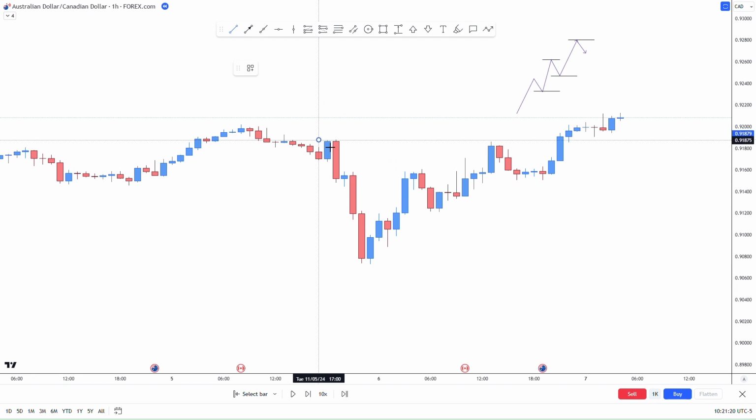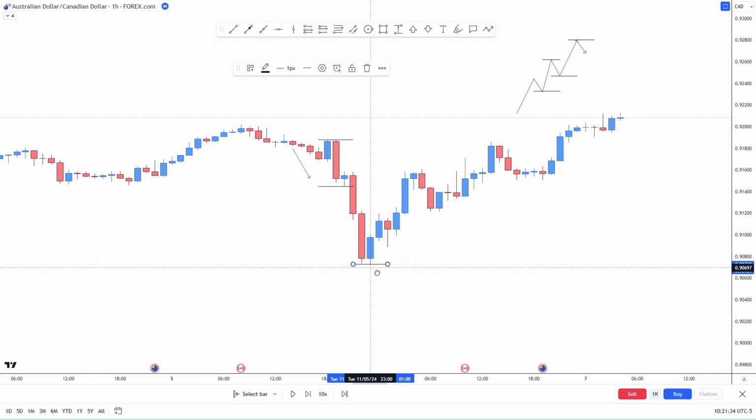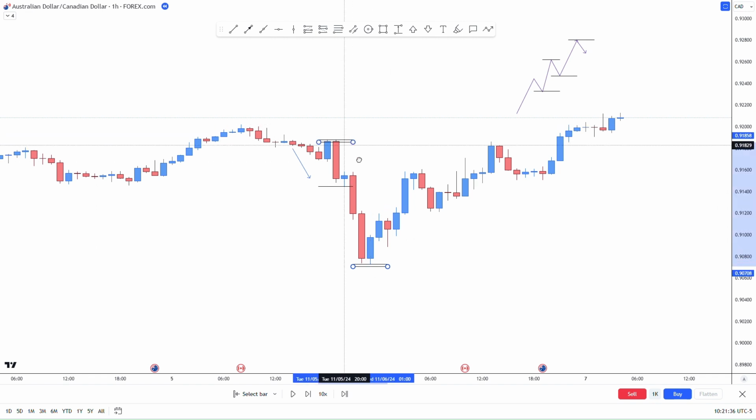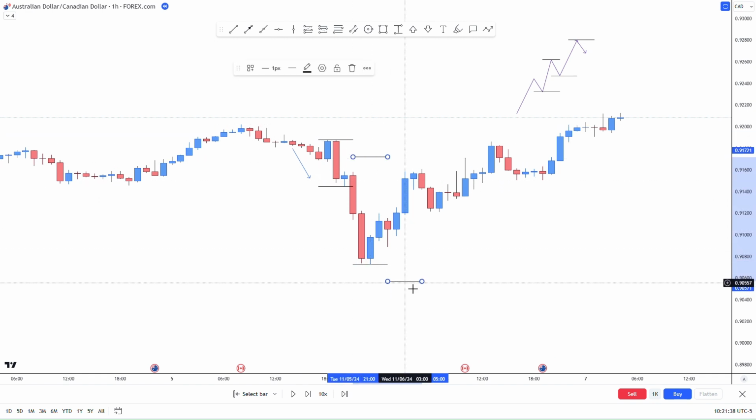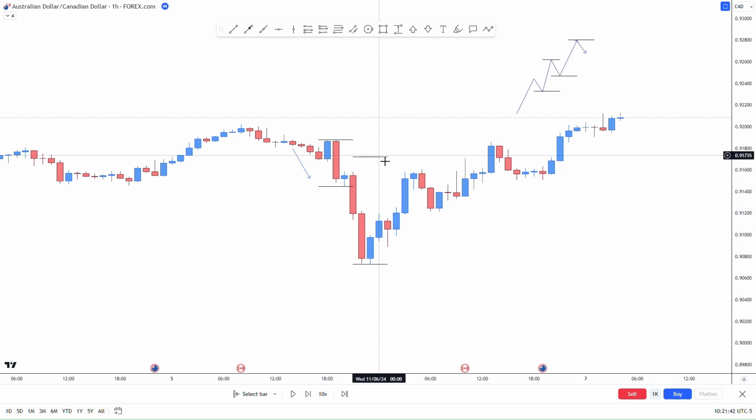So again, we're going to say this is the low because we've created the high here. So now price is moving in this range. We're moving bearish. Now we're going to create the new range. That's going to be the low. Alright, and this, oh, I don't need both of these, hold on. Now this is going to be the low, right?